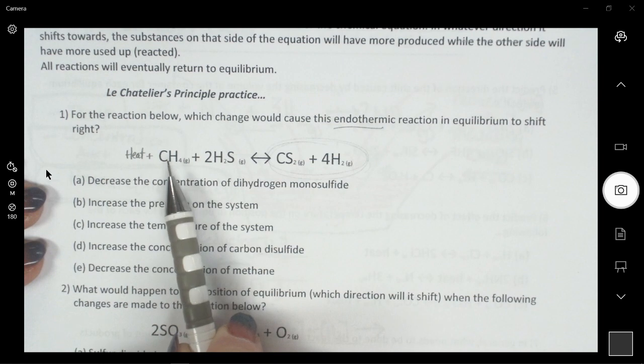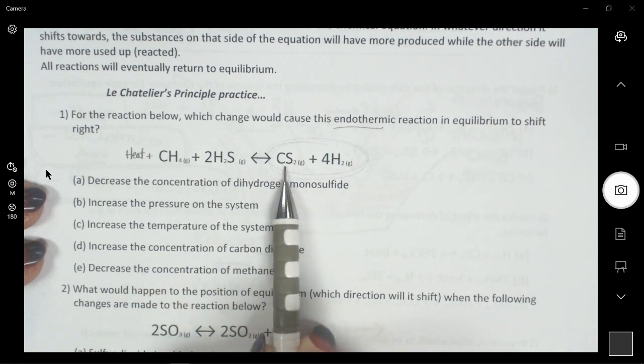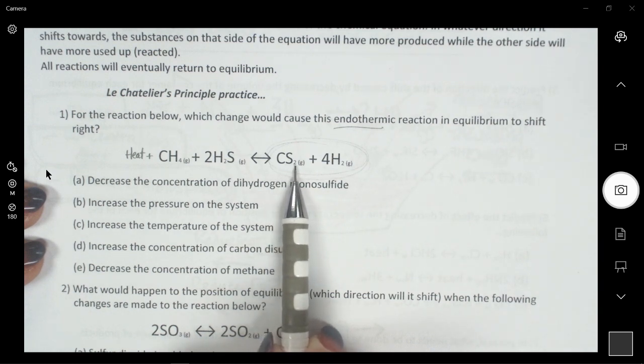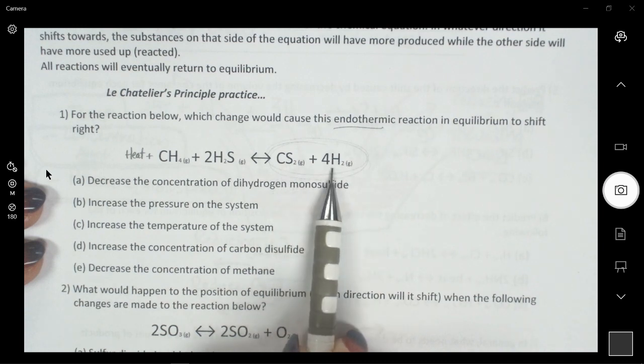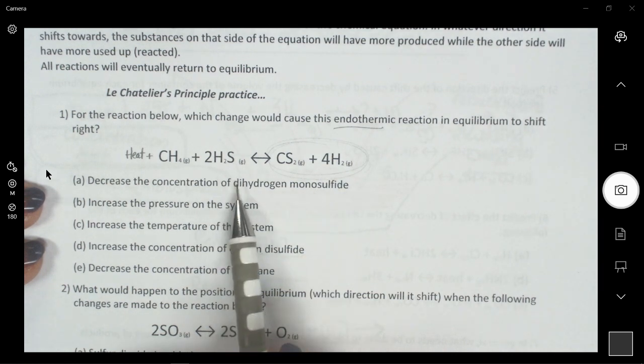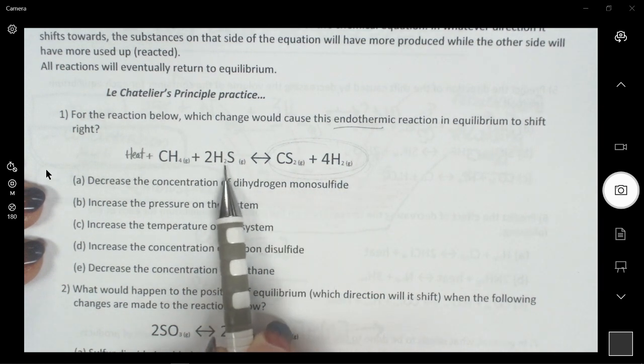That's methane. What's this one? Carbon disulfide. Remember, if it's not a metal, you use prefixes. What's this one? It's just hydrogen because it's a diatomic molecule. So dihydrogen monosulfide is here.